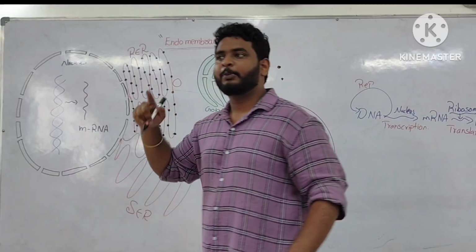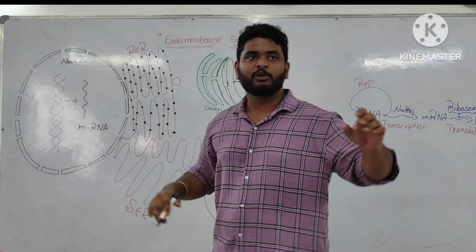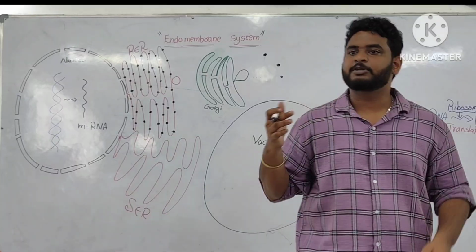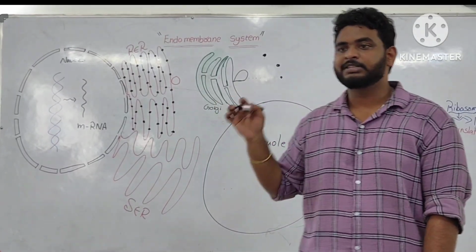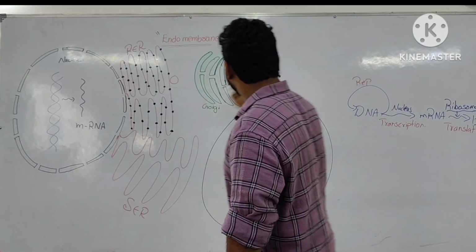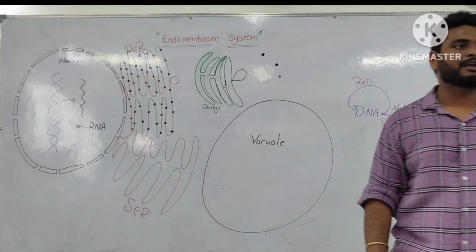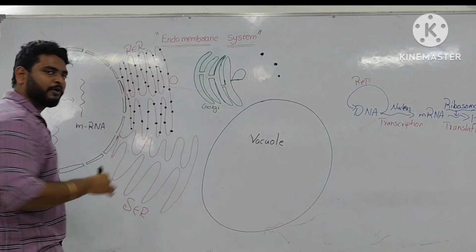Rough endoplasmic reticulum means that the endoplasmic reticulum looks rough when you are observing under the microscope. Now, how exactly does it look rough? It is rough due to the presence of these black granules. These are ribosomes. Endoplasmic reticulum has ribosomes on top of it.